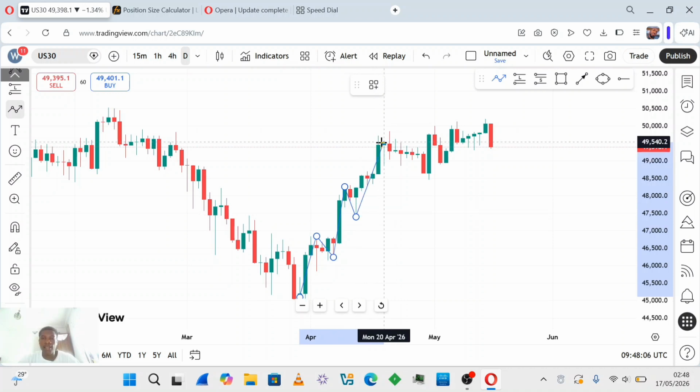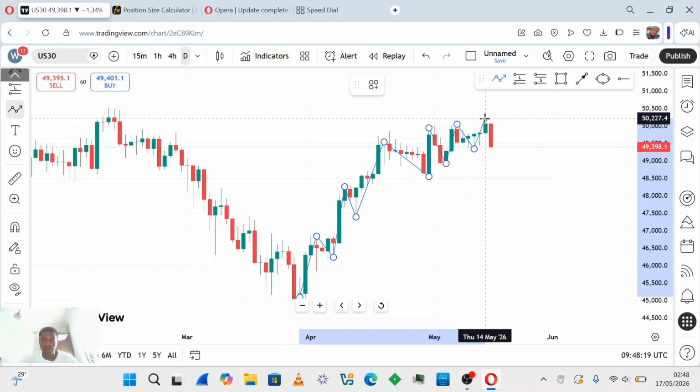This is a higher high, a higher low, make a higher high, or count it as a higher high, a higher low, equal high, a higher low, equal high. And now it seems like price wants to start breaking down.